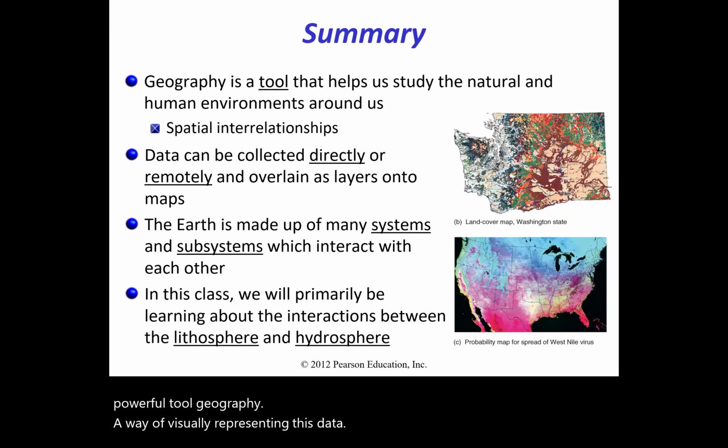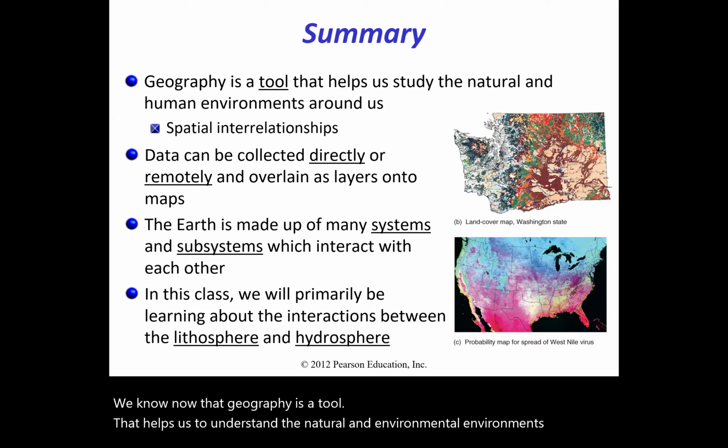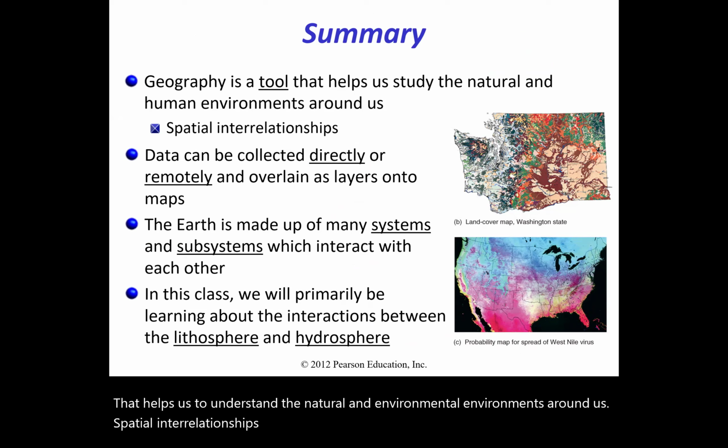So, in summary of chapter one, we know now that geography is a tool that helps us to understand the natural and environmental environments around us. Spatial interrelationships is a really important part of using geography.